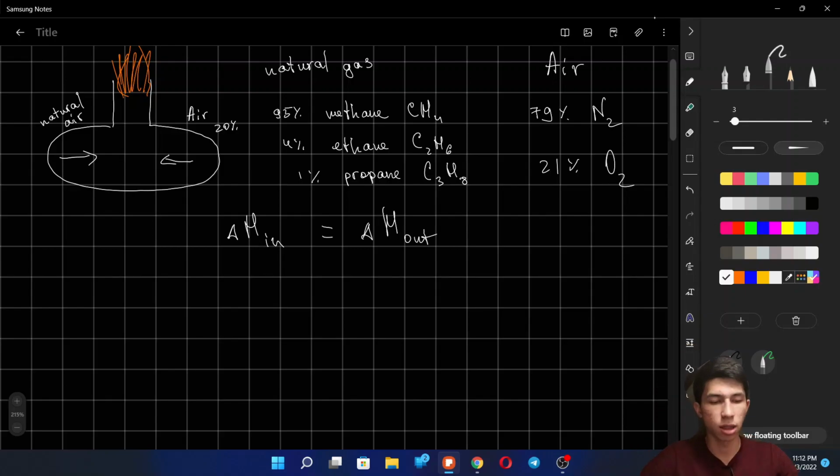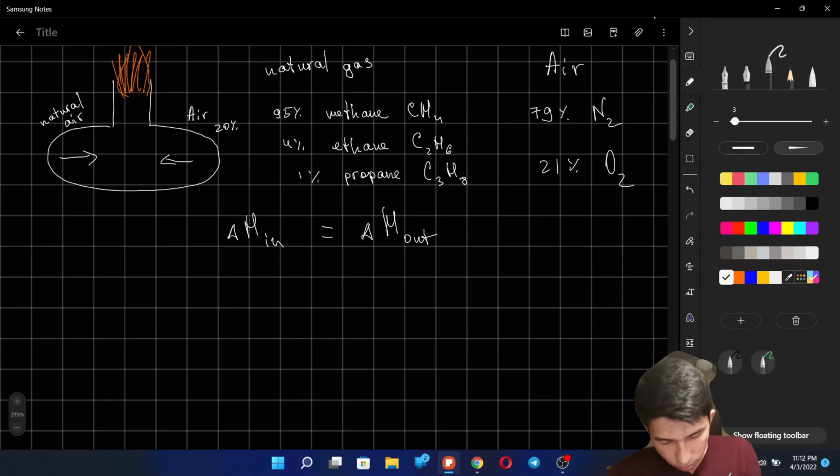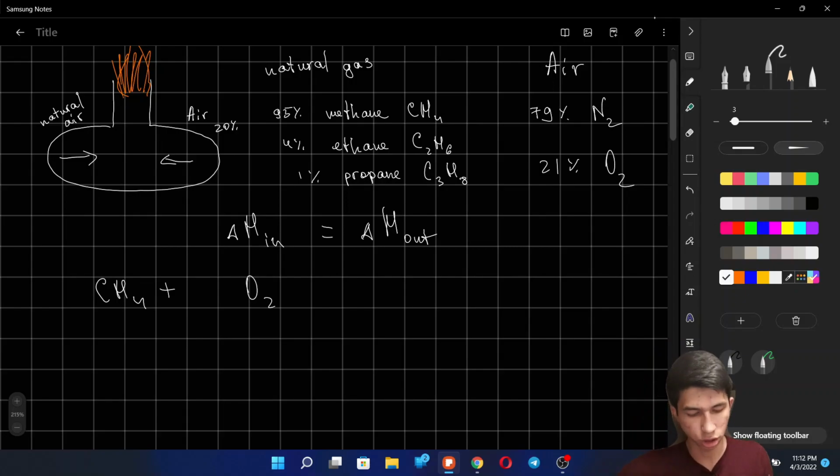As our natural gas is burning, we might write the combustion reactions for methane and ethane to see what's really happening. Let's say CH4, methane, is going to burn in oxygen, and we also have the nitrogen.